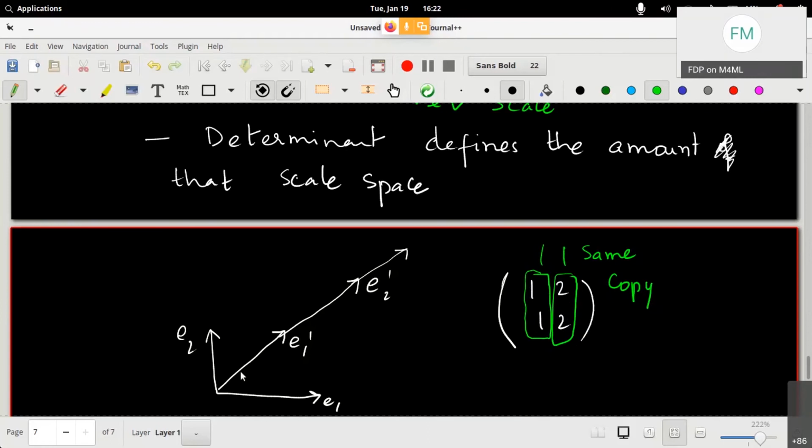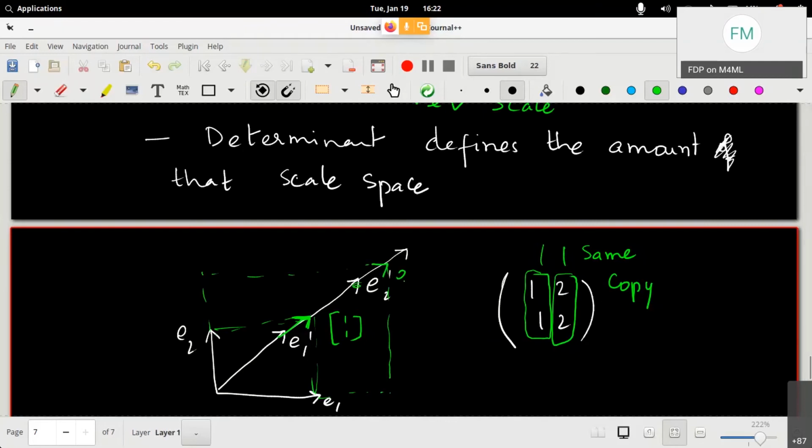So I have 1 and 1. It's not drawn to scale, but this is E1 here. E1 is a vector, and this is 1 and 1. If I have another vector that scales, it would be scaling by this factor. This is 2, this is 2, right?